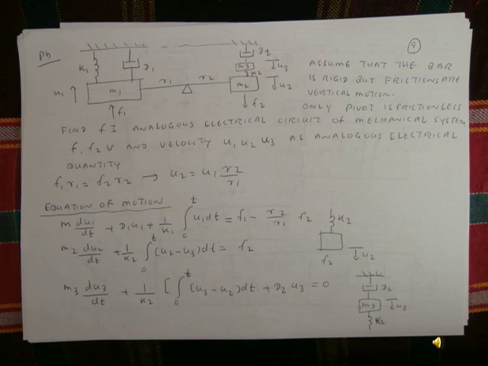And M du2 by dt plus 1 by K2 integration 0 to t of U2 minus U3 dt equals F2. Then M3 du3 by dt plus 1 by K2 integration 0 to t of U3 minus U2 dt plus D2 U3 equals 0, where the mass is held by the shock absorber D2 and spring K2 and moves with velocity U3.